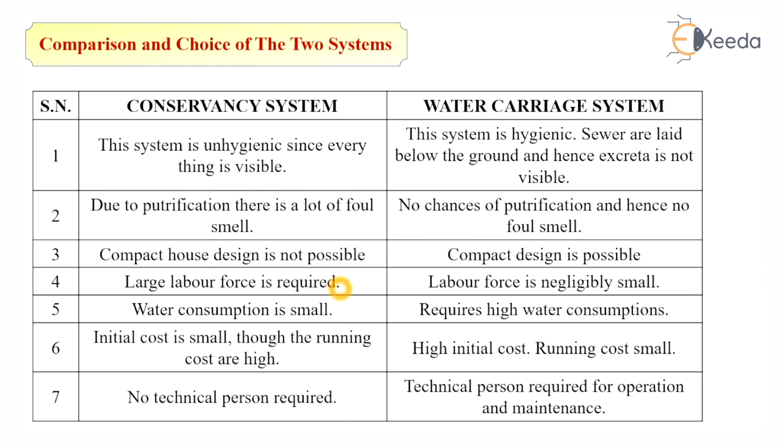In conservancy system, water consumption is small and water carriage system requires high water consumption. In conservancy system, initial cost is very small, though the running cost is high, and in water carriage system, initial cost is high and running cost is small. In conservancy system, no technical persons or skilled labor required. In water carriage system, technical persons are required for the operation and maintenance.